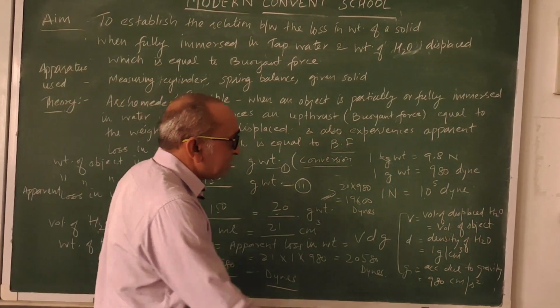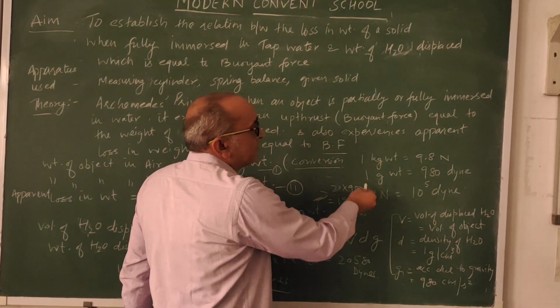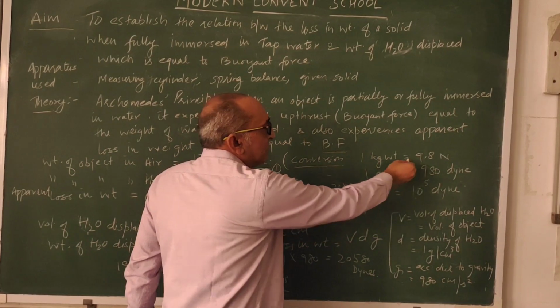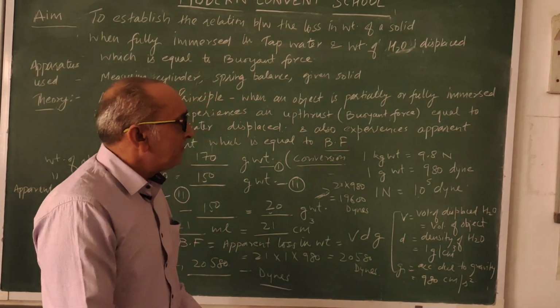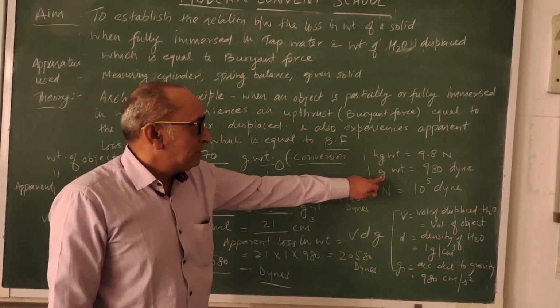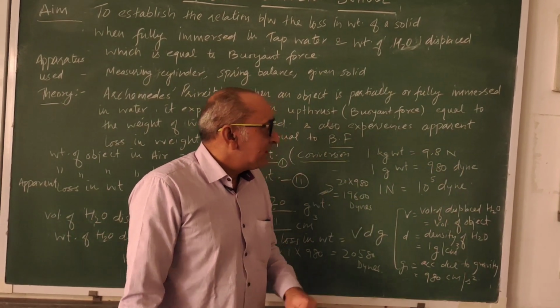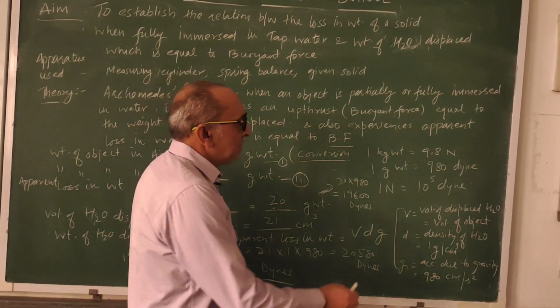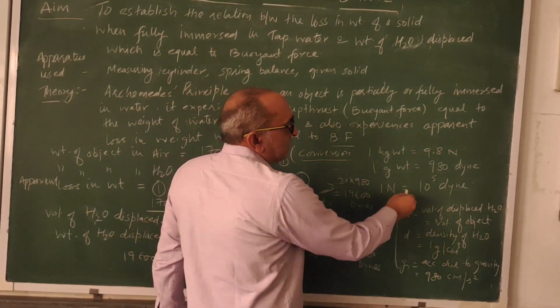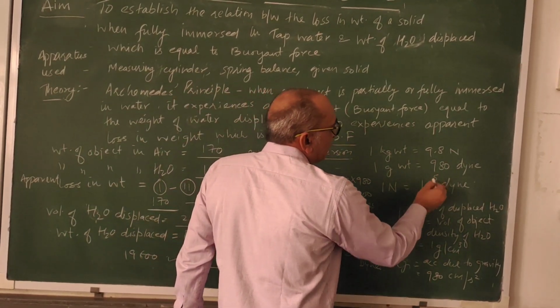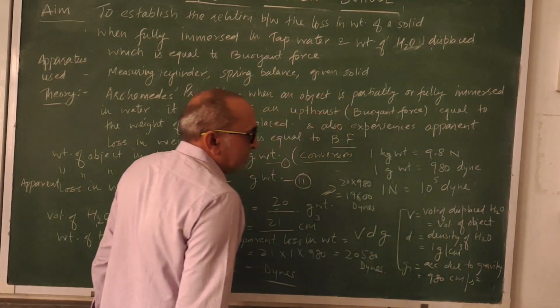Here some conversions are also there for you. 1 kilogram weight is equal to 9.8 Newton, and 1 gram weight comes out to be 980 dynes. As you might know, 1 Newton of force is equal to 10 raised to power 5 dynes.